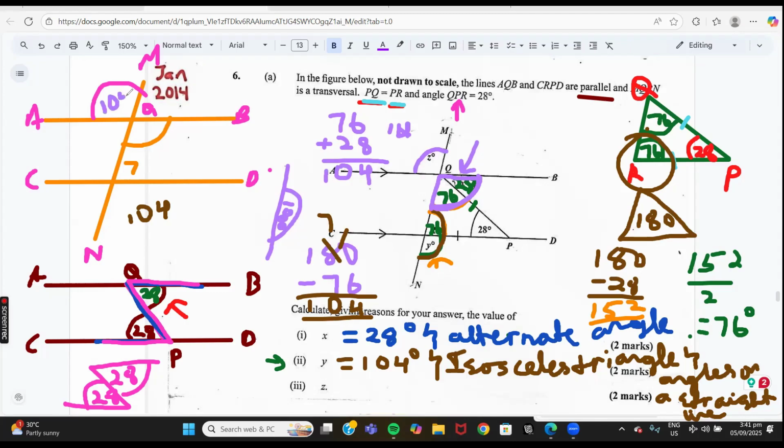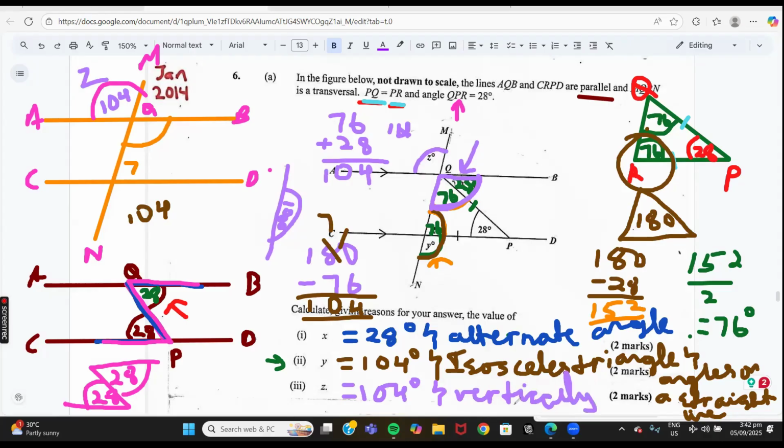So the answer for the angle at Z is also, as one of you said in the chat, 104. And the reason is vertically opposite angles. I added the two angles too, but the main reason here is vertically opposite.